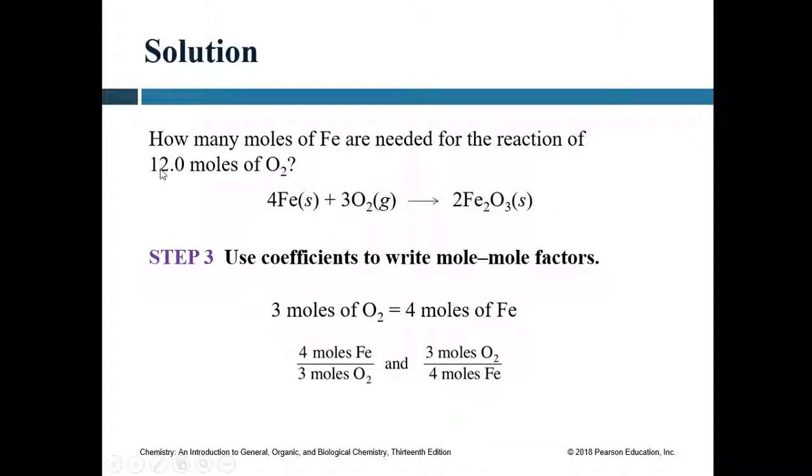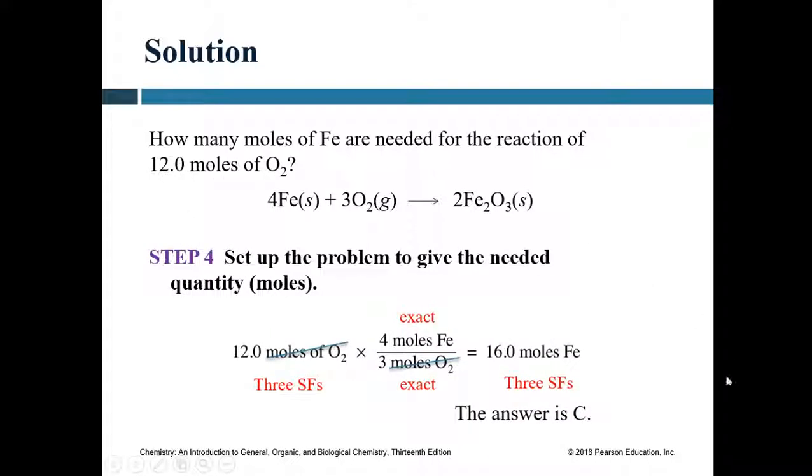Well, we're going to start with 12 moles of O2, and then we need to cancel out the label moles of O2, so that means our setup is 4 moles of iron over 3 moles of O2. The moles of O2 cancel out, so our label ends up being moles of Fe, which is what we needed. So 12 times 4 divided by 3 equals 16.